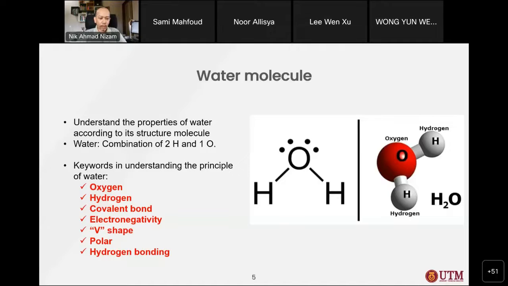Where does the hydrogen come from? The covalent bonding. Electronegativity, the V shape, polar or polarity, and also hydrogen bonding. Actually, most of these keywords you already know from secondary school or matriculation. Whether you remember or not is up to the individual.